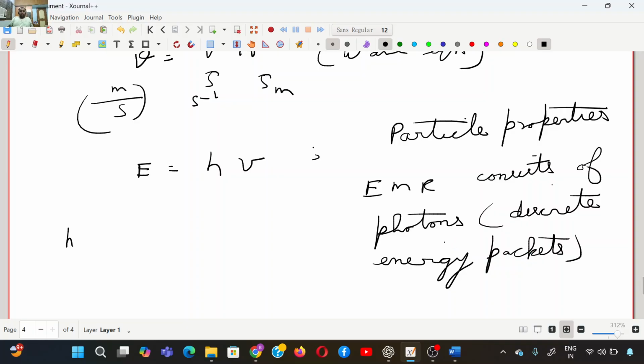Can anybody tell me what h is? You must have come across this equation many times, especially in school, higher secondary. h is what is known as Planck's constant. What is the value of Planck's constant?